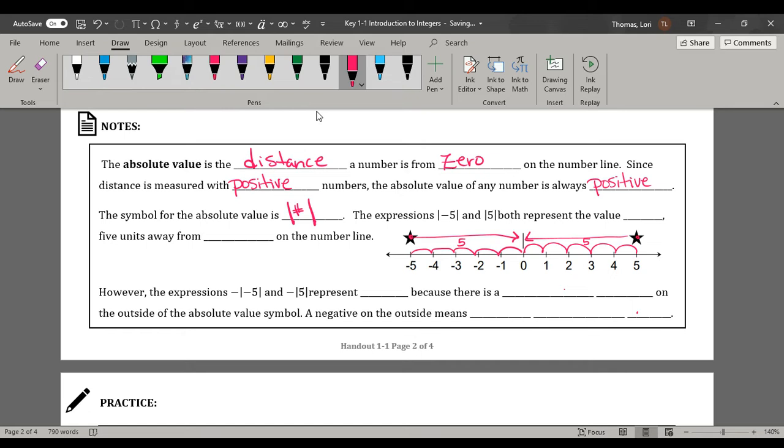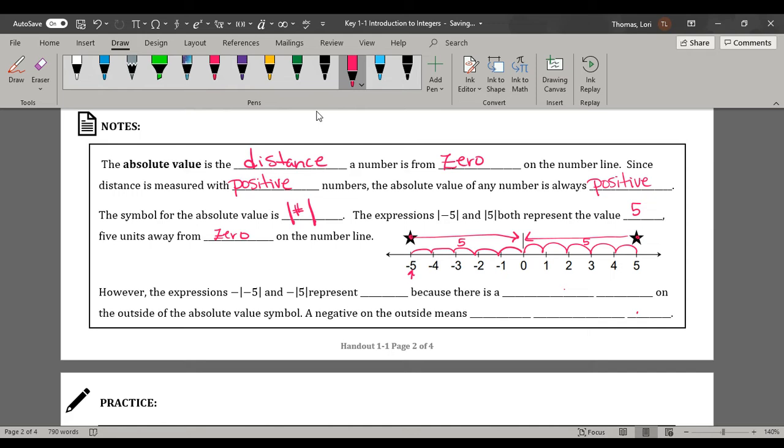So these expressions both represent the value of 5. The distance from -5 to 0 is 5, and the distance from +5 to 0 is 5, 5 units from 0 on the number line.